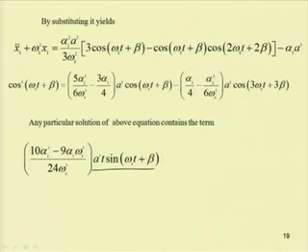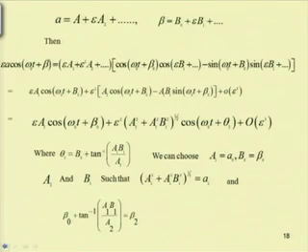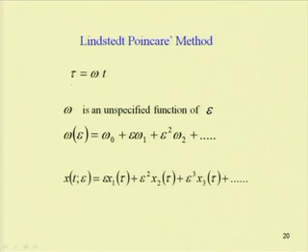Lindstedt-Poincare modified the straightforward expansion method. In this technique, we take a non-dimensional time tau equal to omega into t, where t is the time and omega is the frequency, and omega is written as omega 0 plus epsilon omega 1 plus epsilon square omega 2, where omega 0 is known to us.